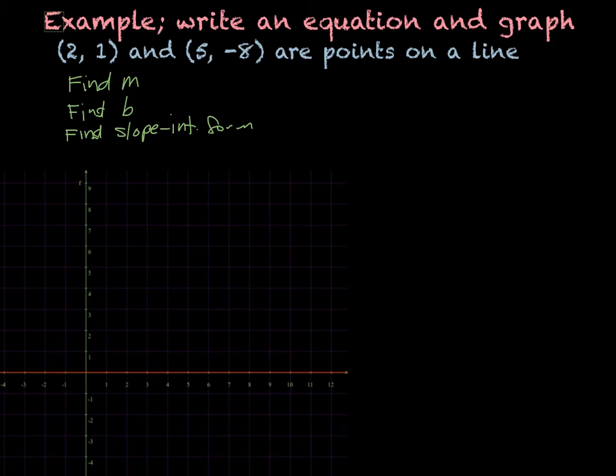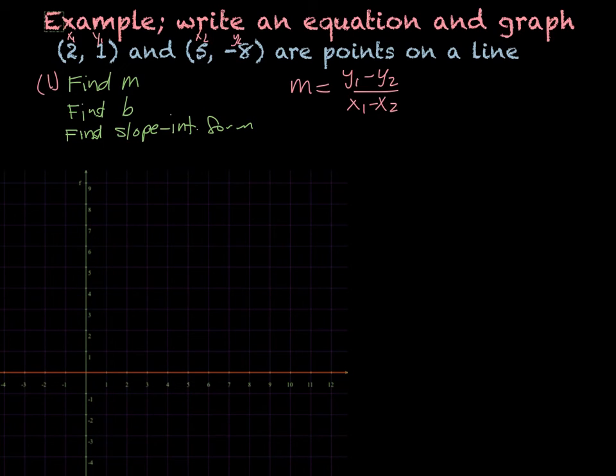So it's a process. The first thing is find m. So m equals y1 minus y2 over x1 minus x2. This is from the rate of change. So this is x1, this is y1, x2, y2.